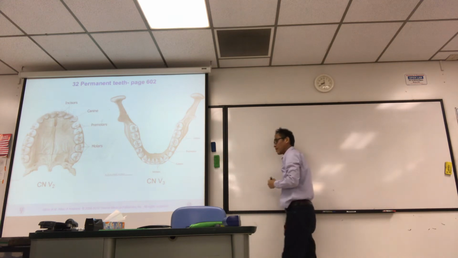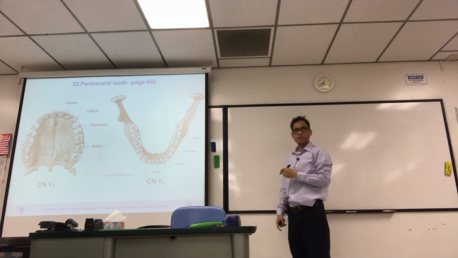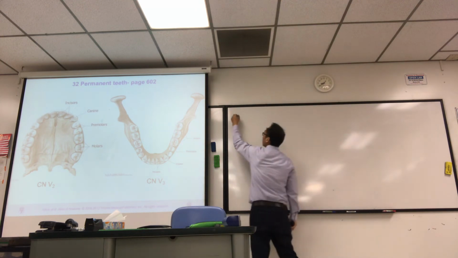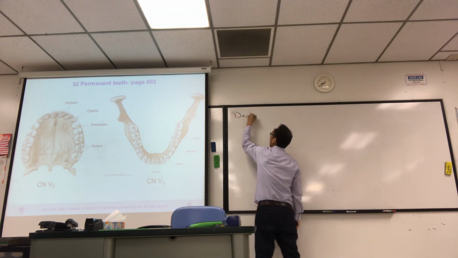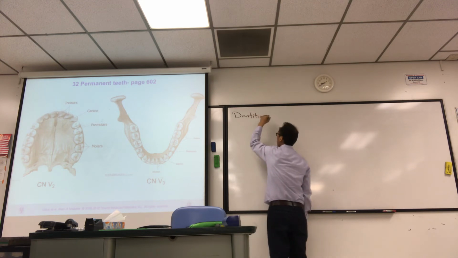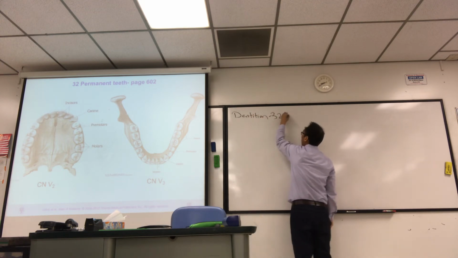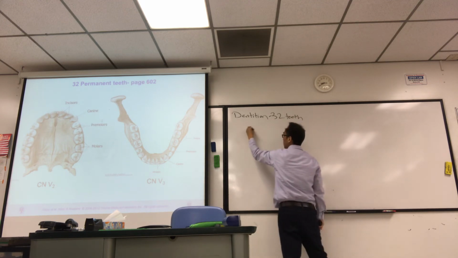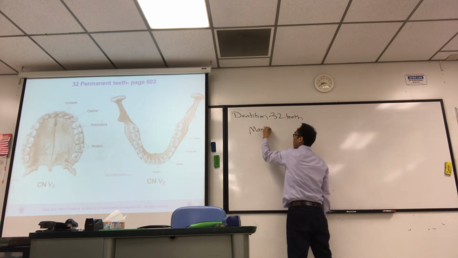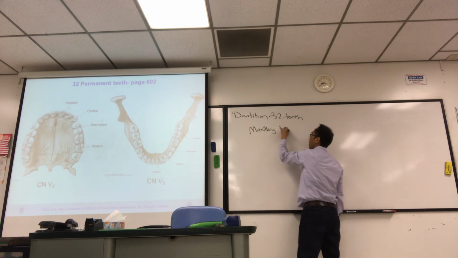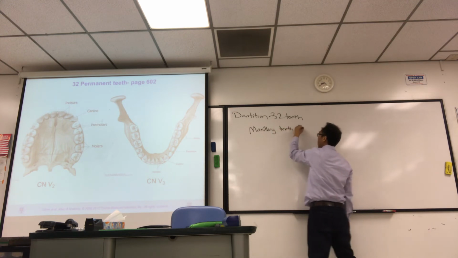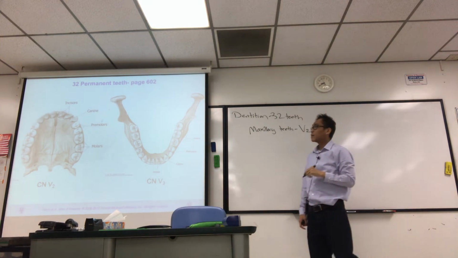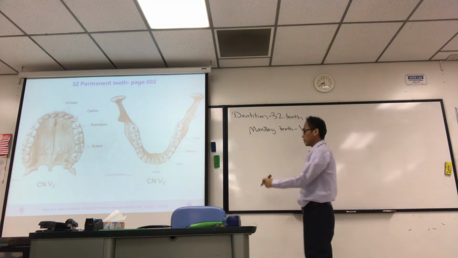So if you got teeth, dentition is the fancy word for you got teeth. 32 teeth total in an adult. So it goes 16, 16. Maxillary teeth, in your upper jaw, the innervation is V2, that's the innervation.